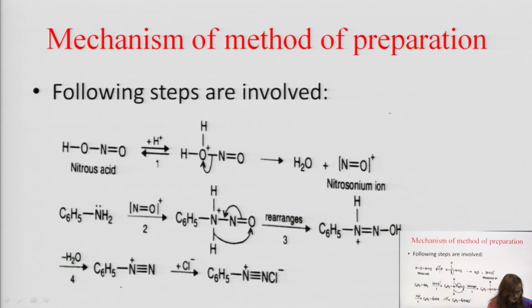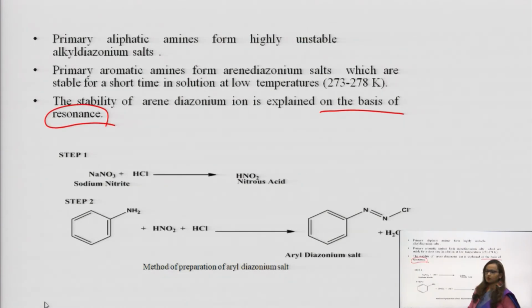So on the basis of resonance, because of the dispersion of positive charge in the benzene nucleus, aryl diazonium salts, or you can say arene diazonium salts, are more stable.